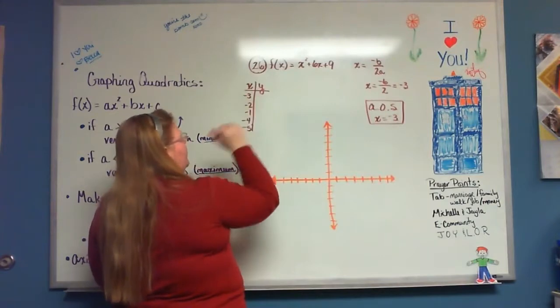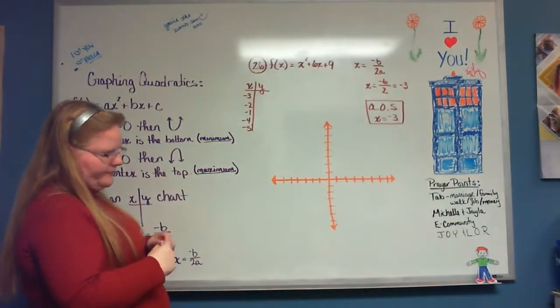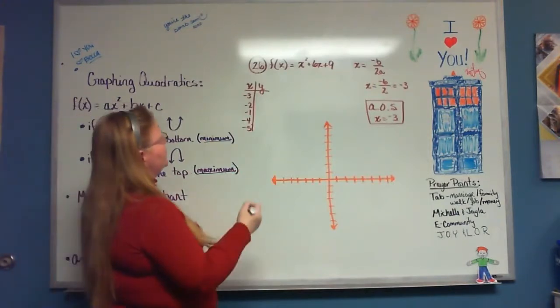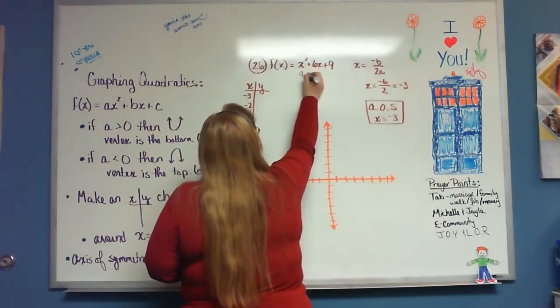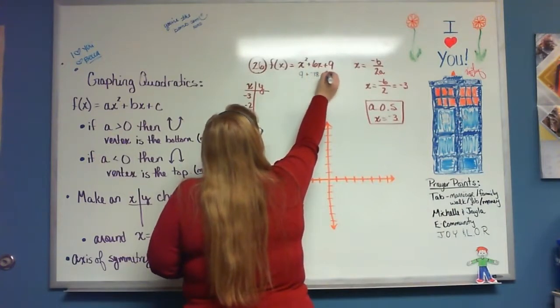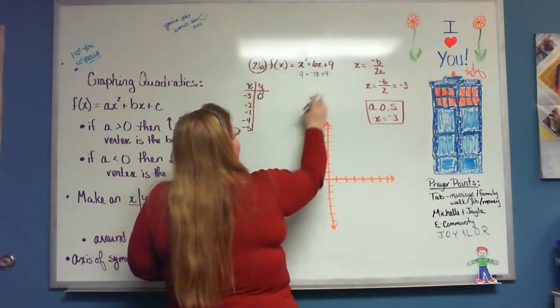Plugging these things in, I'll do my calculations in a slightly different color. Negative 3 squared is a positive 9, plus 6 times negative 3 is negative 18, plus 9, which gives us 0.